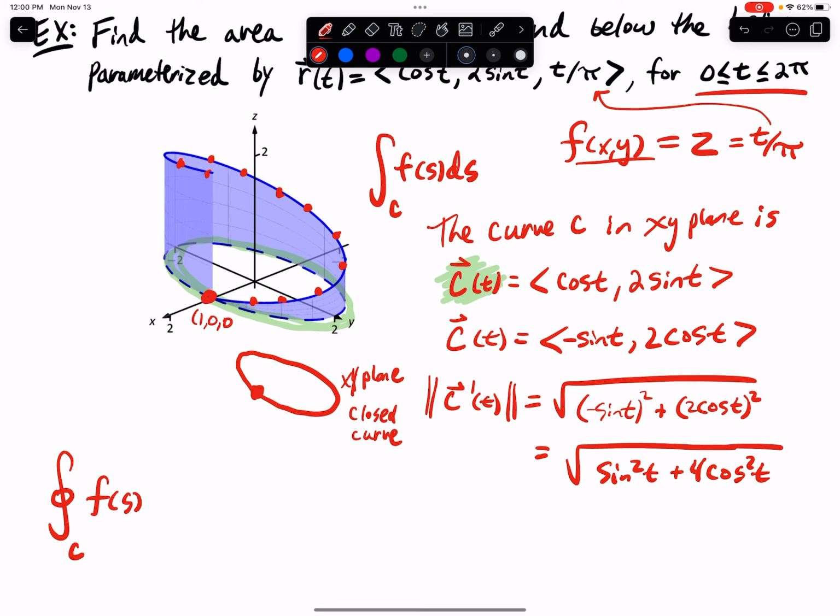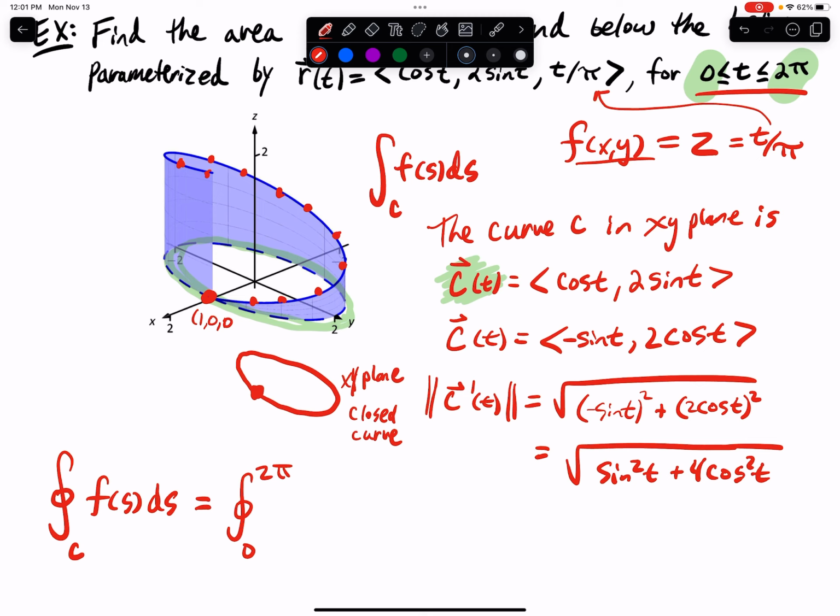So it's a closed curve C, which has special properties. This is equal to the integral from, well, how did we parameterize it? We never talked about parameterizing it, or maybe we did and I just didn't think about it, but it's parameterized from 0 to 2 pi, right? So t runs from 0 to 2 pi.